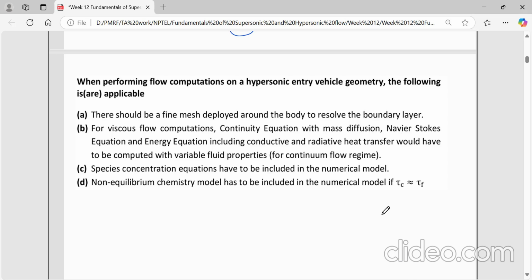Option B, for viscous flow computations, continuity equation with mass diffusion, Navier-Stokes equation, and energy equation, including conductive and radiative heat transfer, would have to be computed with variable fluid properties for continuum flow regime. Option C, species concentration equations have to be included in the numerical model. Option D, non-equilibrium chemistry model has to be included in the numerical model. So which of these options are true? You can read it and tell.